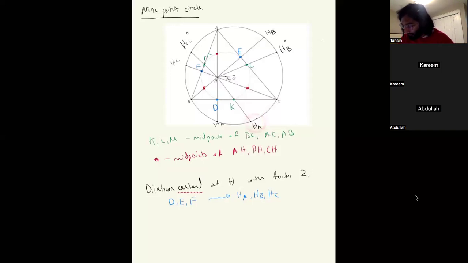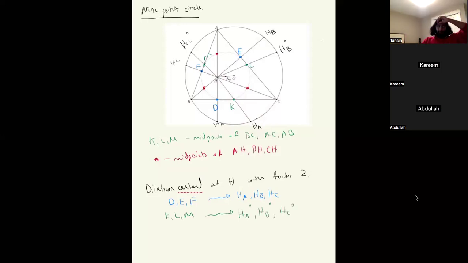This HA not is the reflection of H over the point K. And the second part of the claim is that these green points, K, L, and M, are going to become HA not, HB not, and HC not.